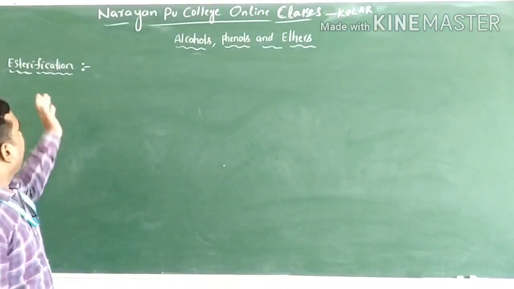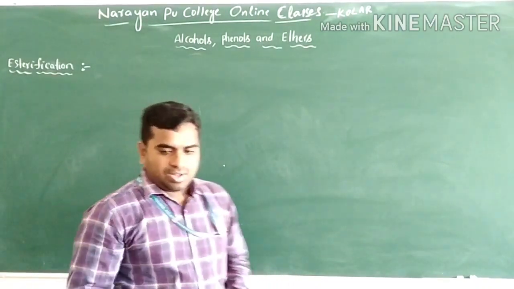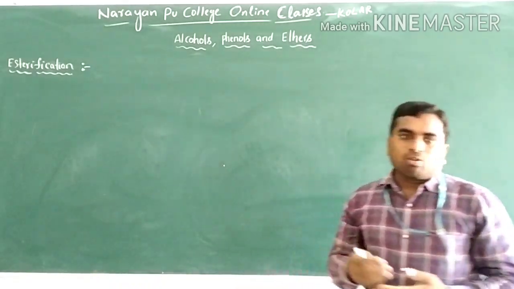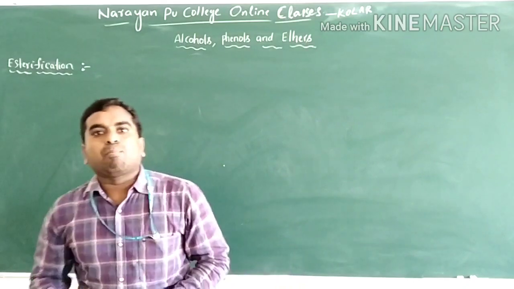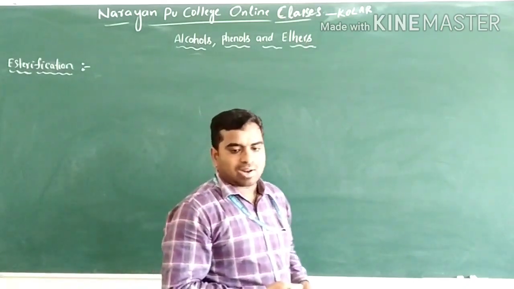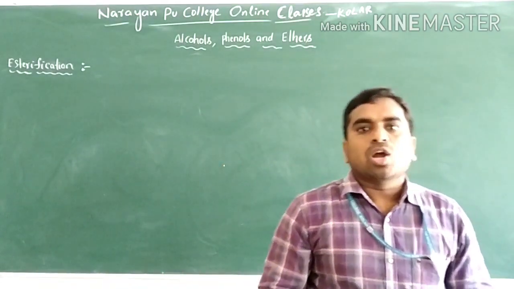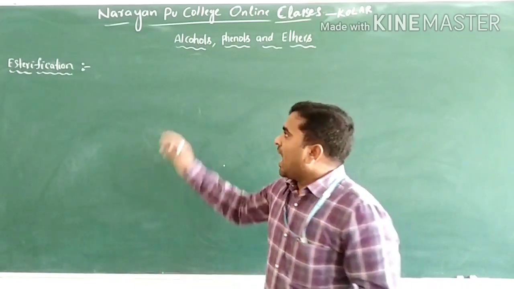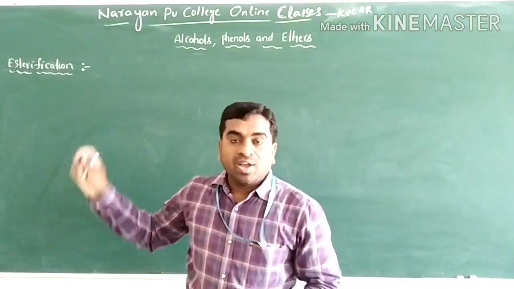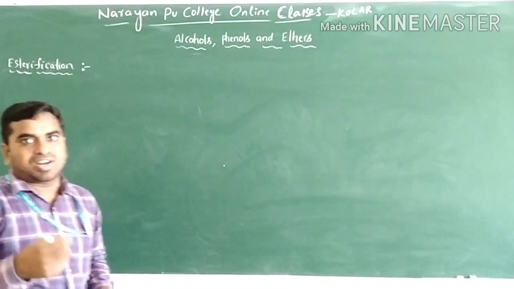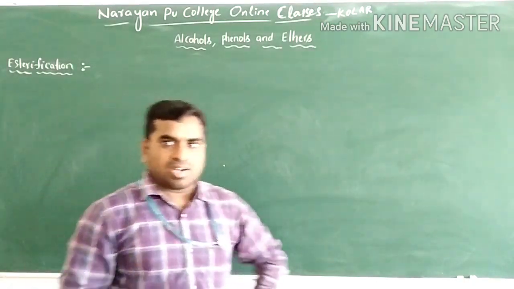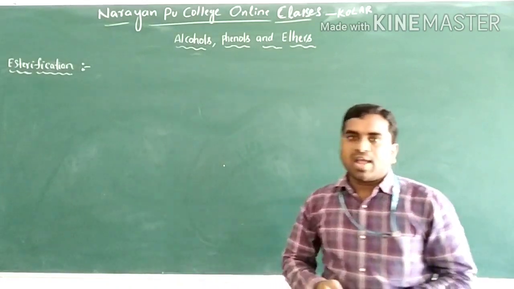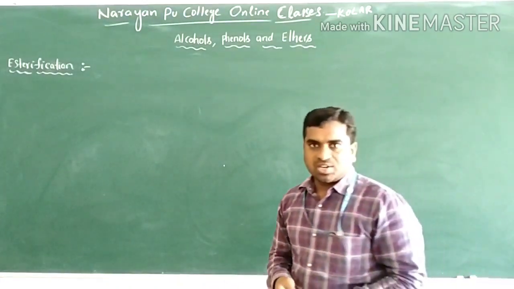Next concept is esterification. Okay? So what is esterification? Whenever alcohols or phenols react with carboxylic acids in the presence of an acidic medium like concentrated H2SO4, they give ester plus water, and that reaction is called esterification.